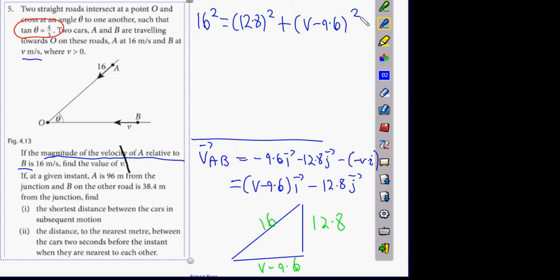No, it's 256. 12.8 squared, yeah, and can you give me 9.6 squared? Twice that is 19.2. 9.6 squared? 92.16. Was it 93? 92.16.